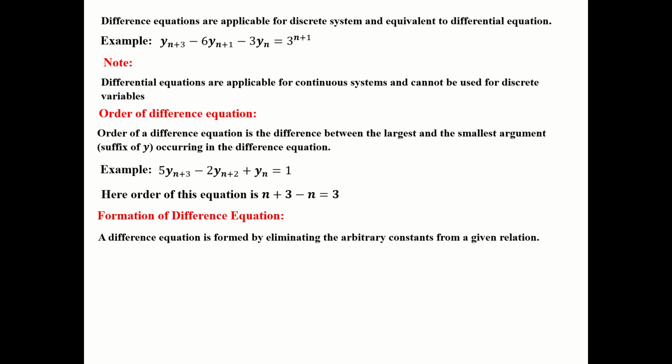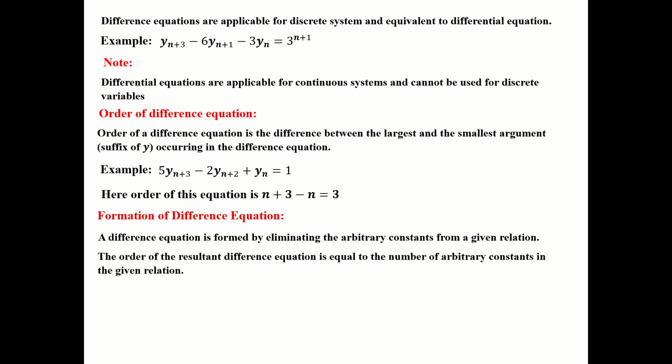A difference equation is formed by eliminating the arbitrary constants from a given relation. Suppose a relation has arbitrary constants, some a, b, c, then we can remove those arbitrary constants and we will get the difference equation from that relation. The order of the resultant difference equation is equal to the number of arbitrary constants in the given relation.